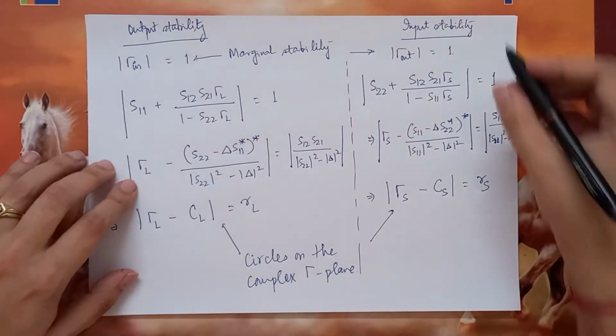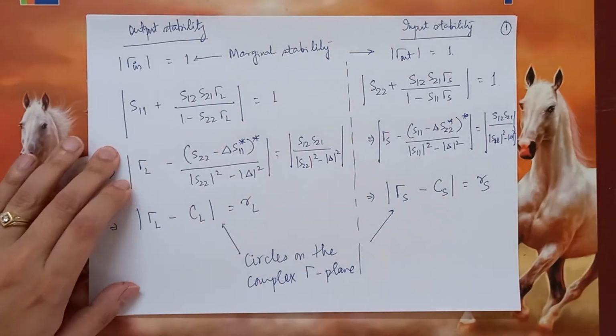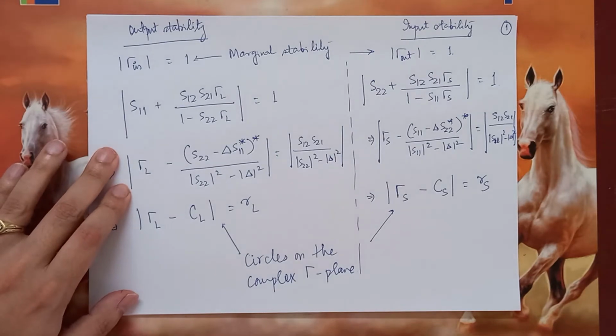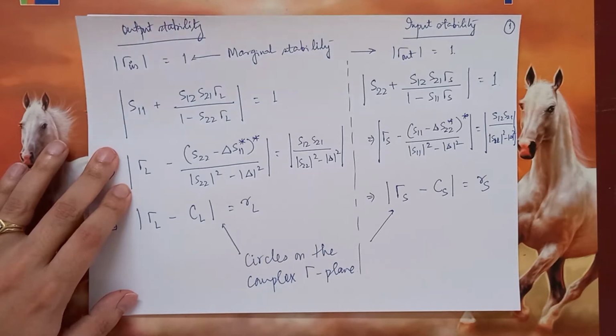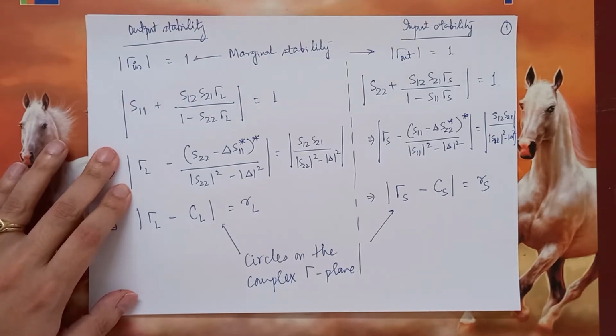So when you hear about this term called complex gamma plane, intuitively one will think about the Smith chart. And that is true also, because the Smith chart is nothing but the family of circles constructed on the complex gamma plane.